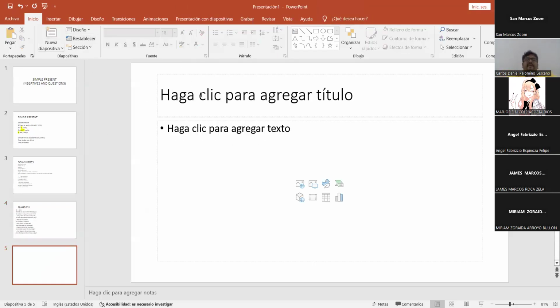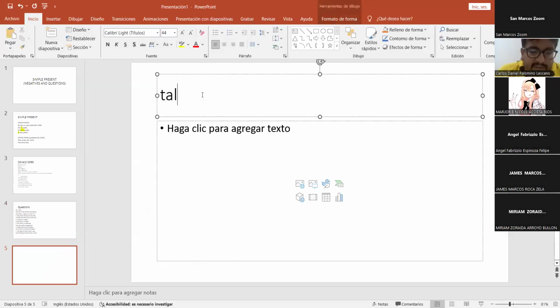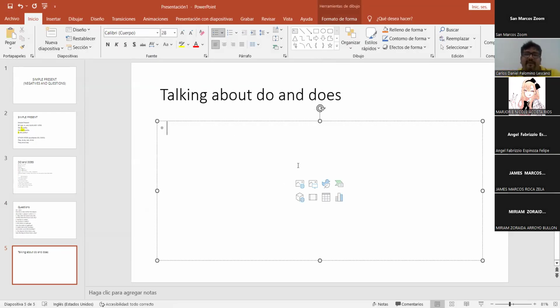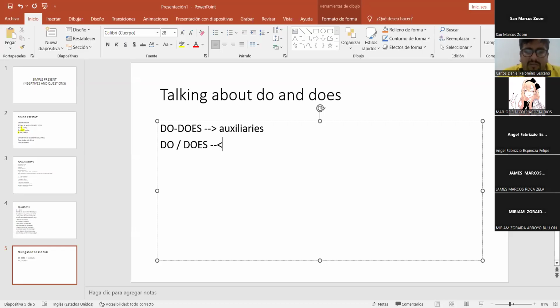Una más. Mira. Vamos a ver. Talking about do and does. Mira, ¿qué pasa? Yo te enseñé que el do y el does trabajan como auxiliares, ¿no? And the words do and does work also as verbs.